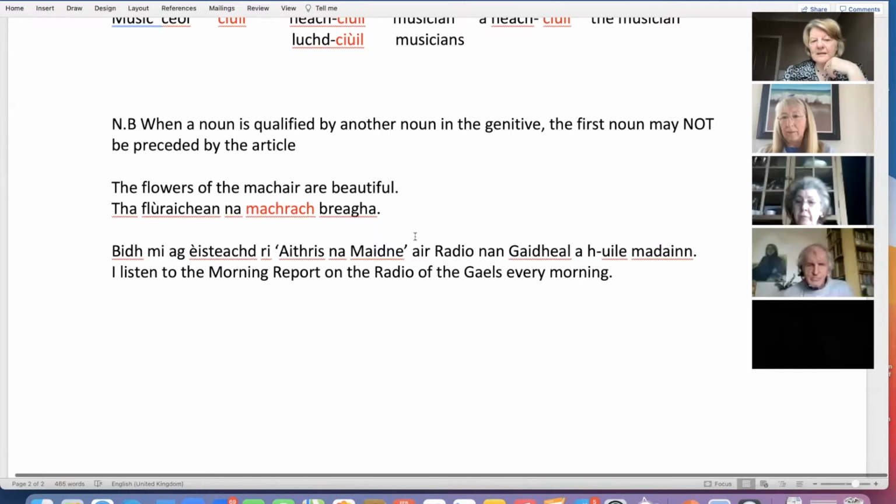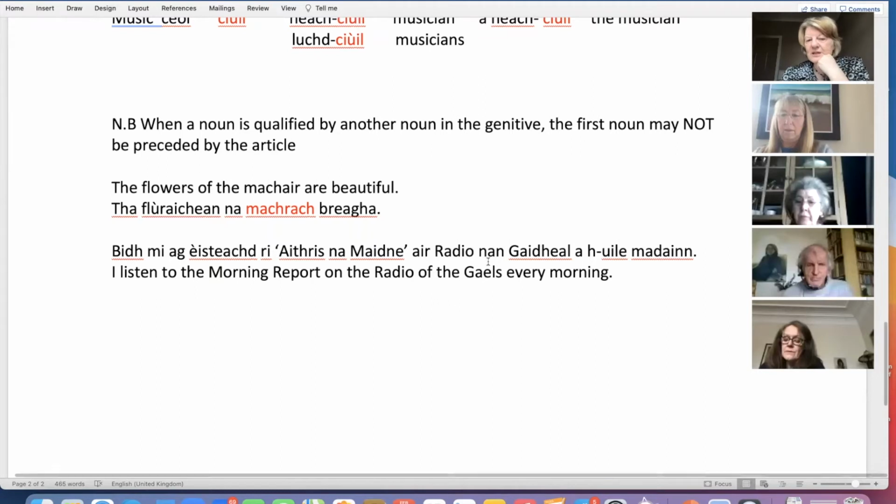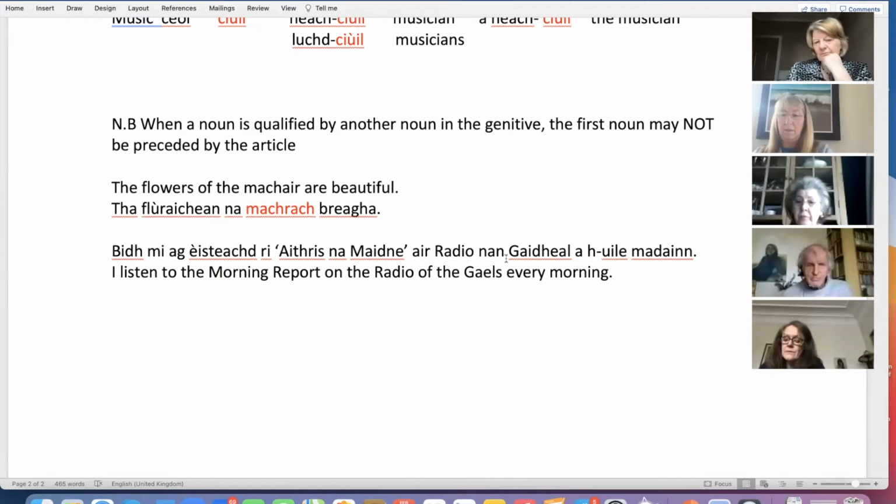And then in radio would be on the radio, but we're now saying on radio na Gael, the radio of the Gaels. So you have to say radio na Gael. The other thing that you notice here is the plural. What happens is the plural goes back into the singular word.